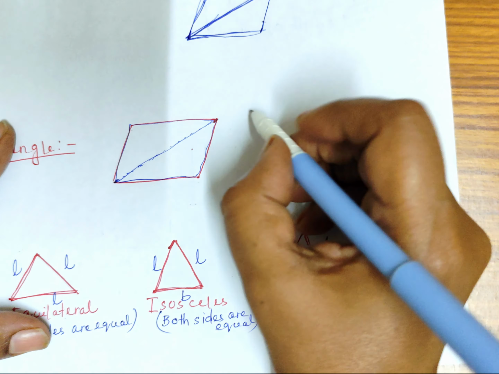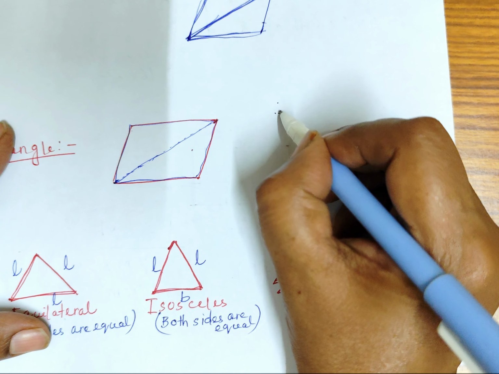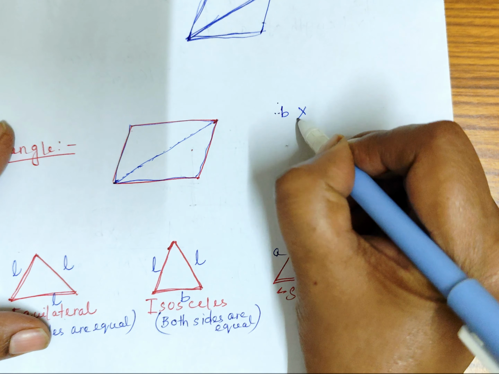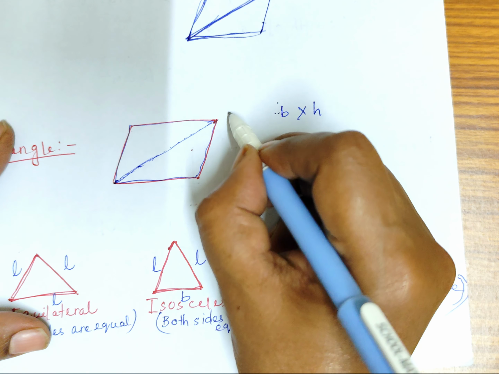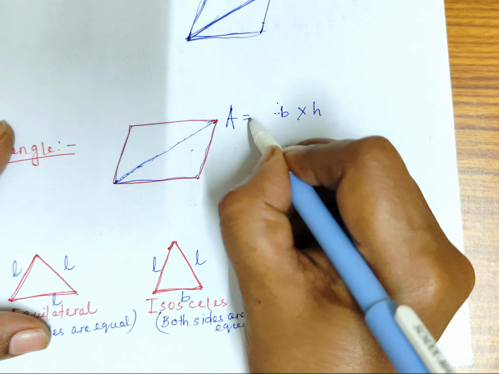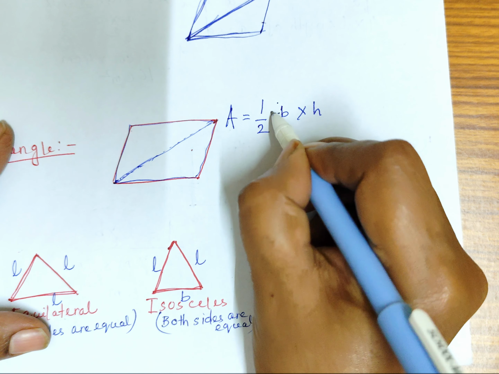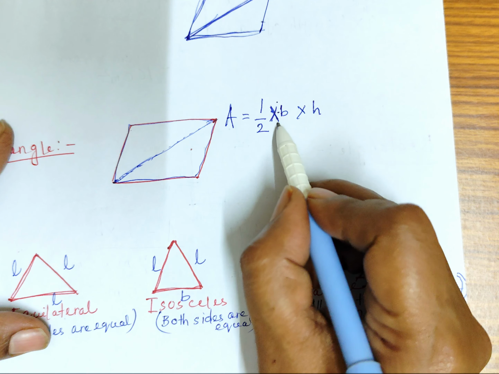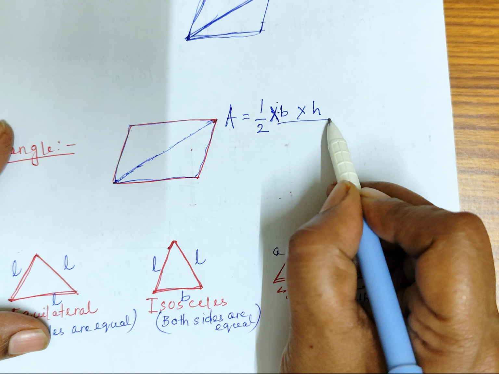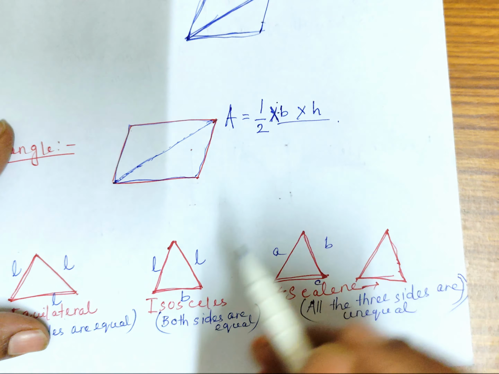So here, as we know, the area of a parallelogram is nothing but B into H, and this triangle is half of this parallelogram. So the area of the triangle will be half of the area of the parallelogram, right? So the area of a parallelogram is B into H. Half of that area is the area of the triangle.